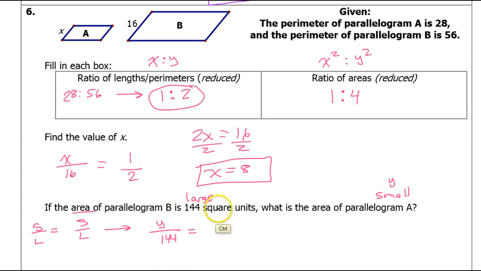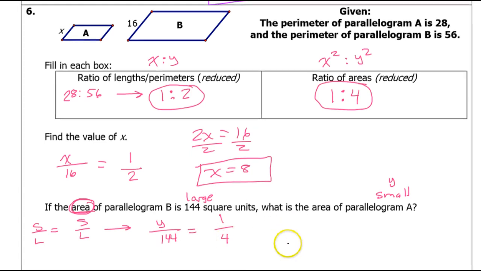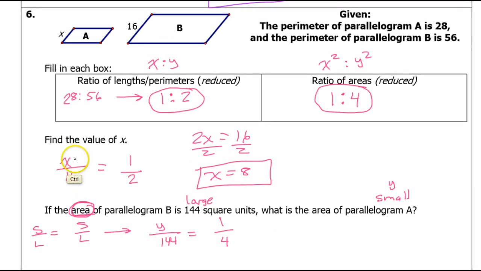Now because I'm talking about area, then I'm going to set that equal to the area scale factor in the form small over large, so 1 over 4. So if you're finding a length, use the length scale factor. If you're finding an area, use the area scale factor. If I cross multiply, that'll be 4y is equal to 144.